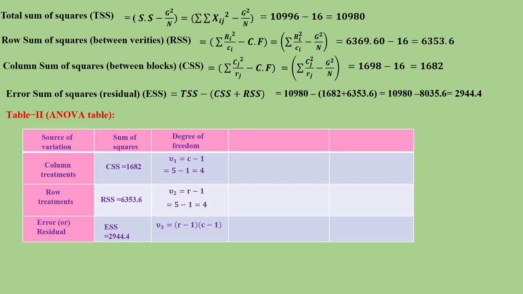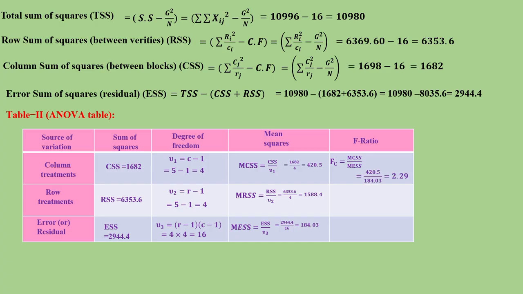Then V3, R minus 1 into C minus 1, 4 into 4, 16. Then the mean column sum of squares is 420.5, the mean row sum of squares is 1588.4, and the mean error sum of squares is 184.03. Next the F ratio. FC, MCSS by MESS, is equal to 2.29. Then FR with respect to rows is equal to 8.63.